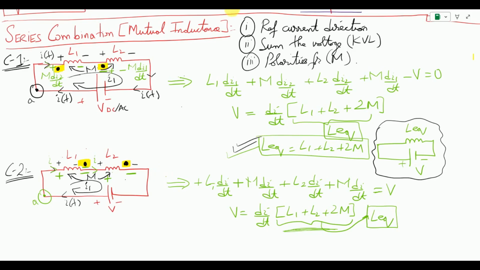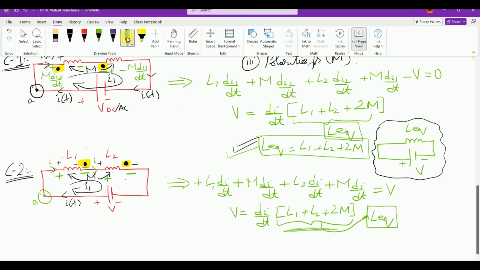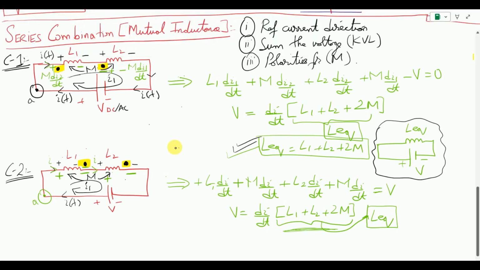So I can summarize that case 1 has the same equations as case 2. This is the observation which we already saw in the simple analysis of mutual inductance, and it is also happening the same way when we are considering a serial combination of inductance.